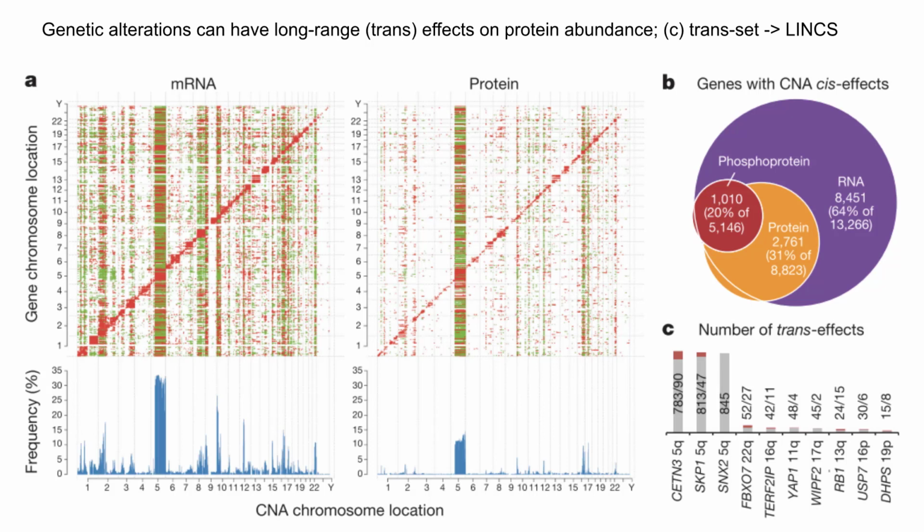These are called cis effects, and these are called trans effects, where they're far from the DNA event. And so you can use RNA sequencing to identify effects of these changes, or you can use protein quantification to identify these. These are often very consistent.